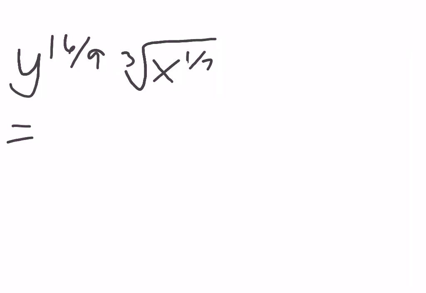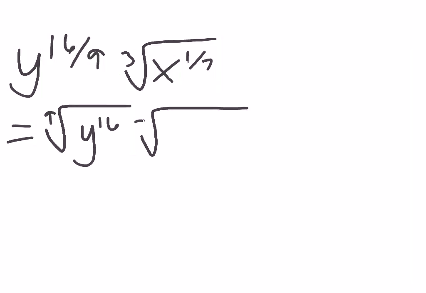Okay, and then if we really wanted to rewrite that so it was not an improper fraction, I could have the 9th root of y to the 16th times the cubed root of x to the 1/7.